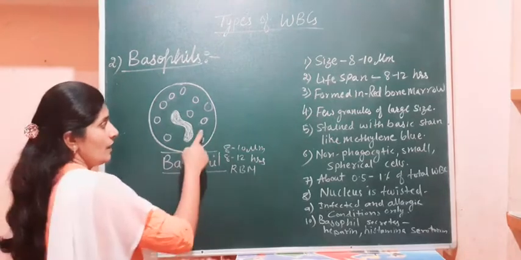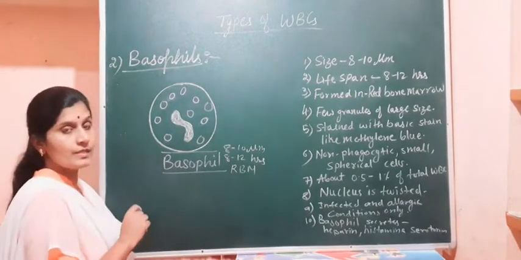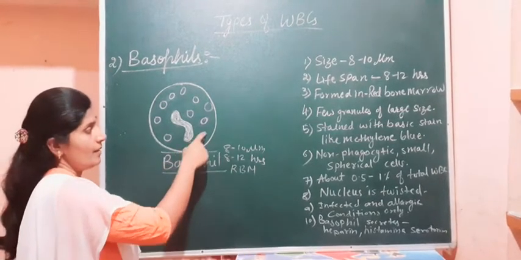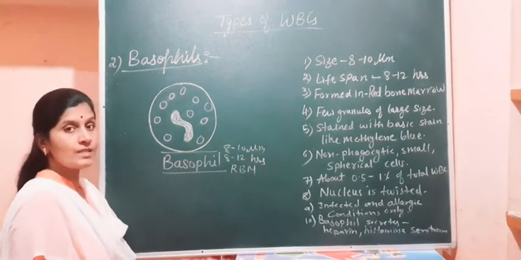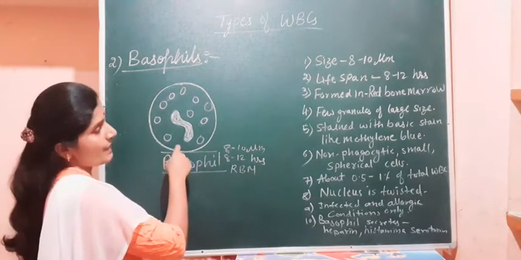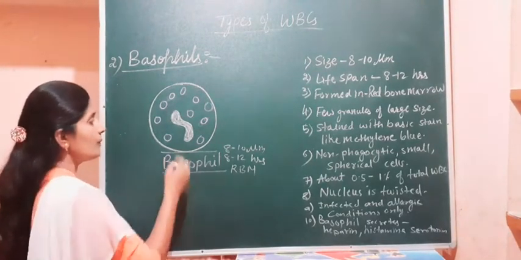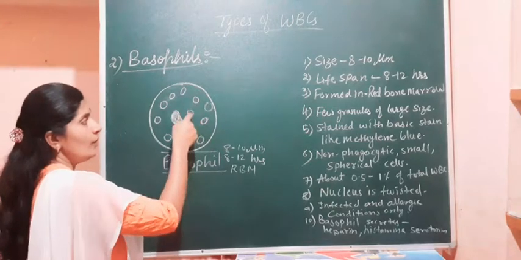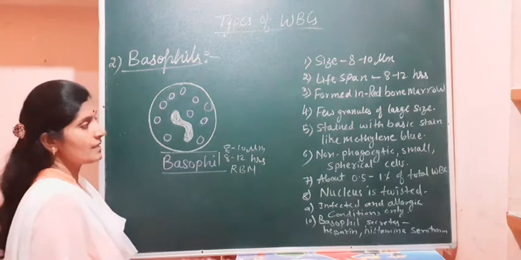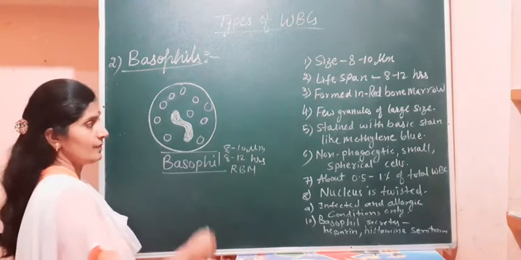But in the neutrophils we have seen that the granules were fine and large in number. But here, what is the difference? Granules are only few, but the size is larger.